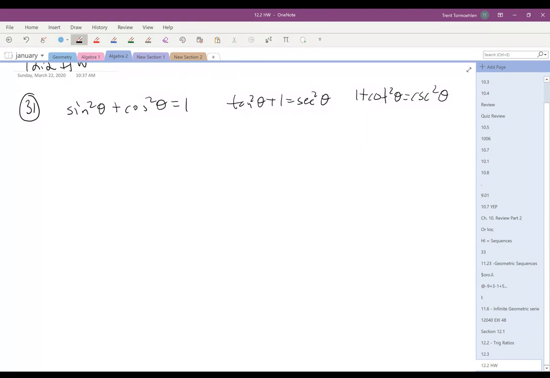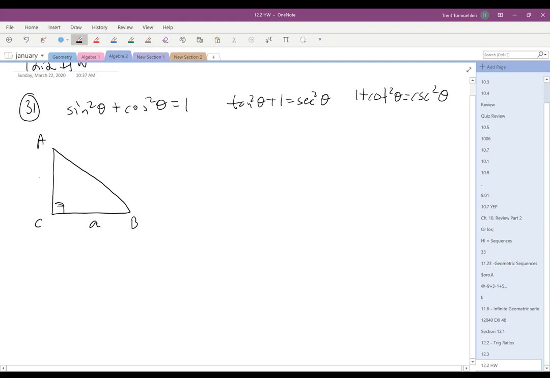We can do that by thinking about just the triangle, a basic Pythagorean or right triangle where you have this is A, this is B, and this is C. And from this, we know that A squared plus B squared equals C squared. But if we divide all of this by C squared, we get A over C squared plus B over C squared equals 1.